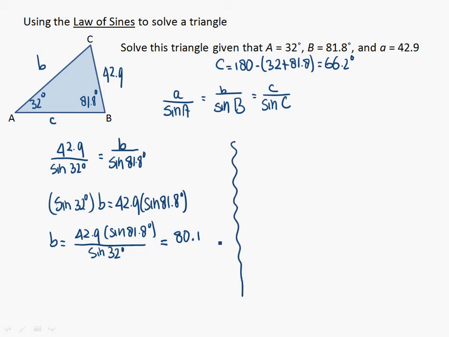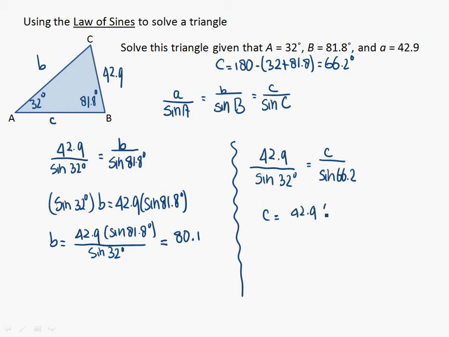Okay, what am I missing still? I would use the same one, because this is the only one where I haven't done any rounding for A and sine of A, right? So set up the same proportion, but in this case it's C over the sine of 66.2. I'll show you what I actually end up writing down.